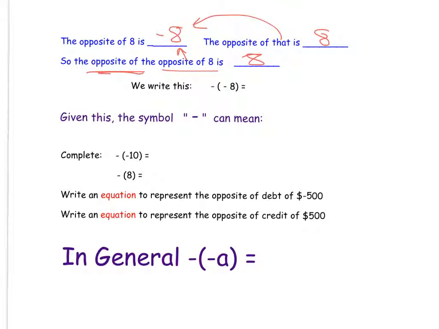In other words, it gets us back to what we started with. Now, in math, we write it like this. This symbol right here can mean opposite. So we could write the opposite of the opposite of 8, or the opposite of -8, is +8.